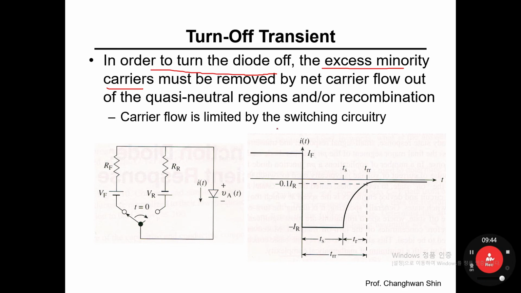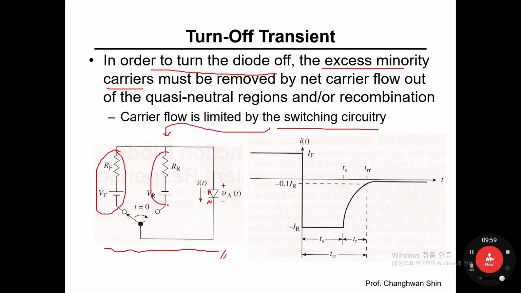So this switching circuitry has been drawn on the left hand side. See here. A PN junction diode is given and connected to two different circuit branches, A and B: a forward biased circuitry and a reverse biased circuitry.